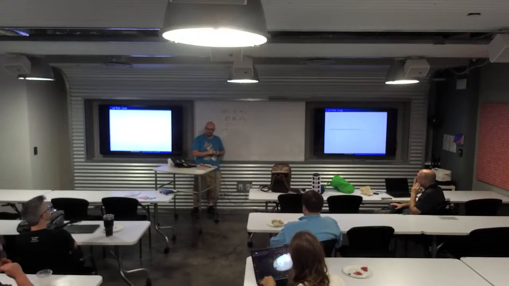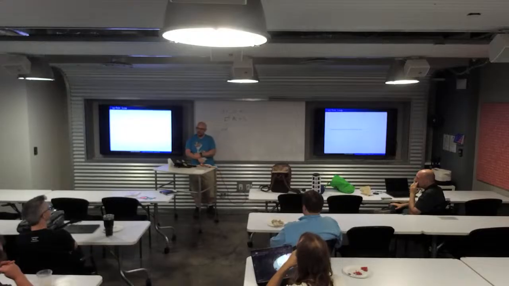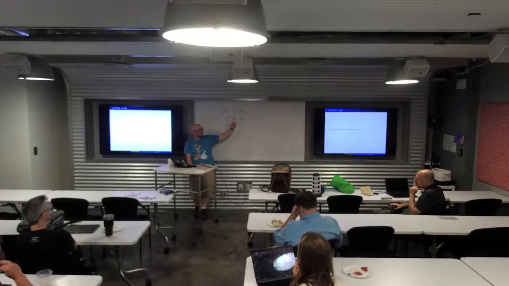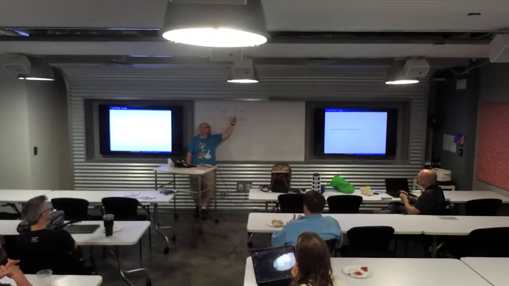Wait, so what does the box mean? So, Dijkstra's guarded command language: each one of these things is a condition. If that condition is true, then it's going to execute this thing.